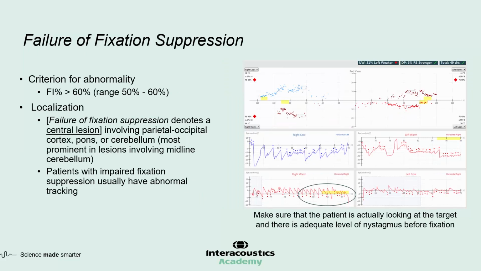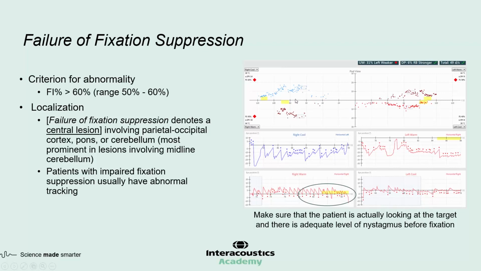The next abnormality is the failure of fixation suppression. Again, the criteria is either 60% or 50%. If it exceeds that, you should consider it abnormal. So, for example, in this patient, you look at the nystagmus before and after fixation, and there's really no suppression. So this is an abnormal fixation suppression, around 95%.